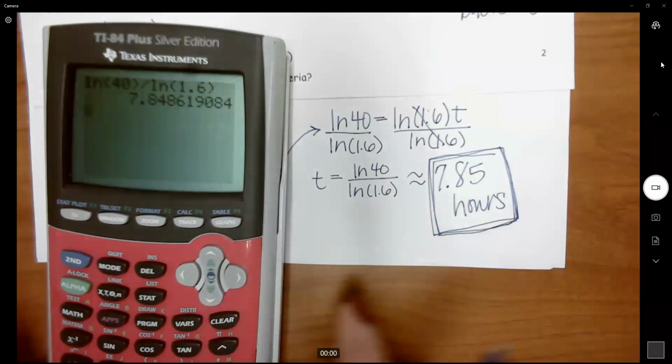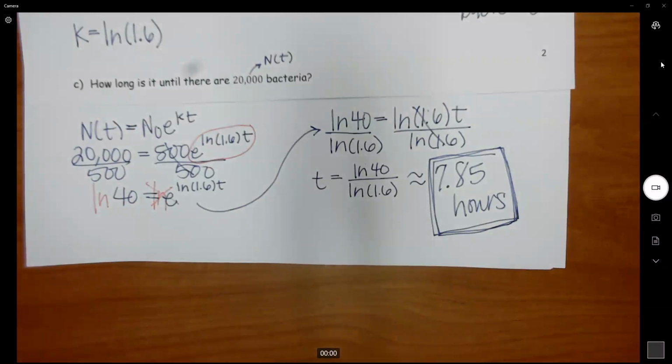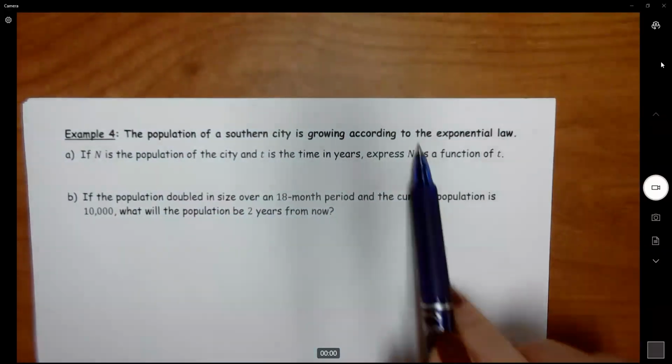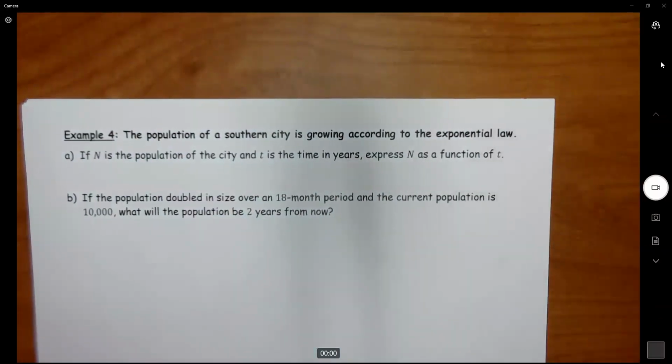Okay, let's try again. The next page is very, very similar here. The population of a southern city is growing according to the exponential law. So that's just another name for your uninhibited growth.